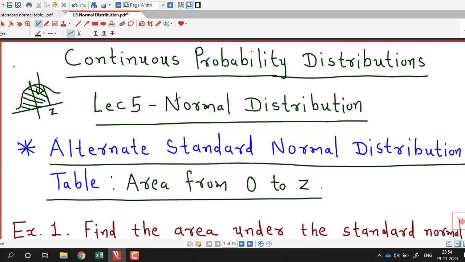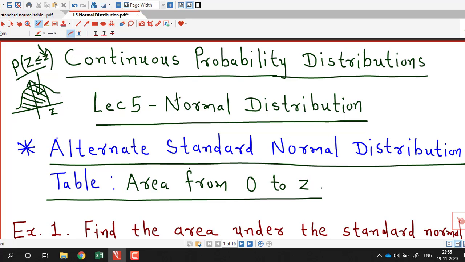That means we are given the probabilities that capital Z is less than or equal to some specified value of z. So that table is known as the cumulative normal probability table, in which we are given the areas to the left of a specified value of z.